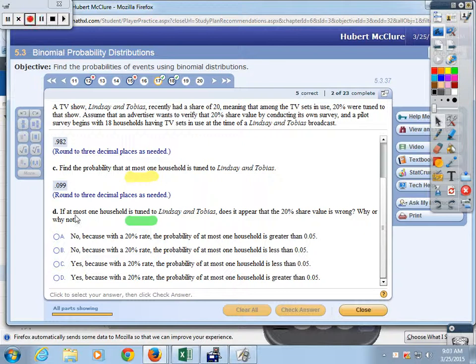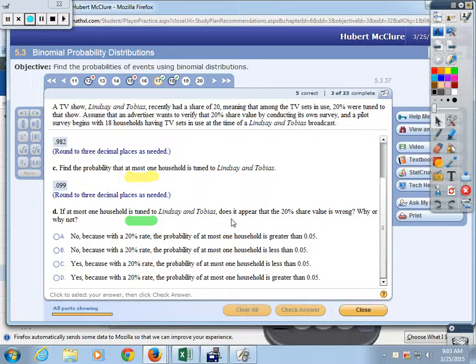All right, if at most 1 household is tuned to the show, which is 10%, does it appear that the 20% value is wrong? Okay, 10%, 20%. Is it wrong? Yeah.